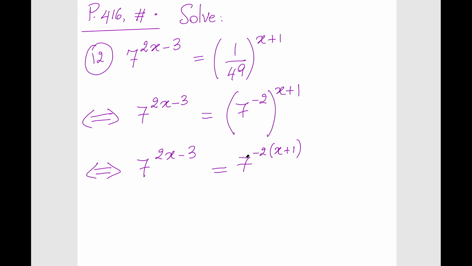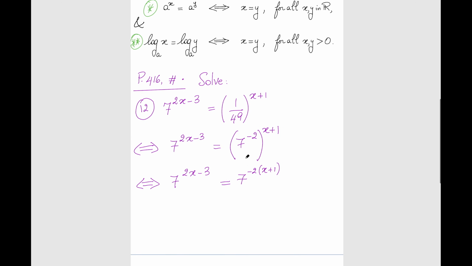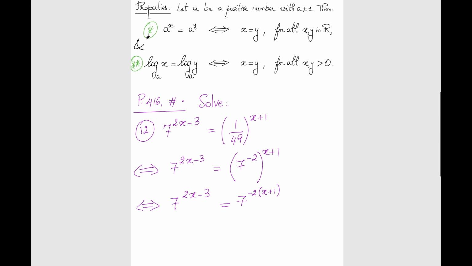And then because of property asterisk that we just talked about, the bases match, it's the same base 7, and that base is positive and different than 1. So asterisk is applicable, and as such, that's exactly the same.